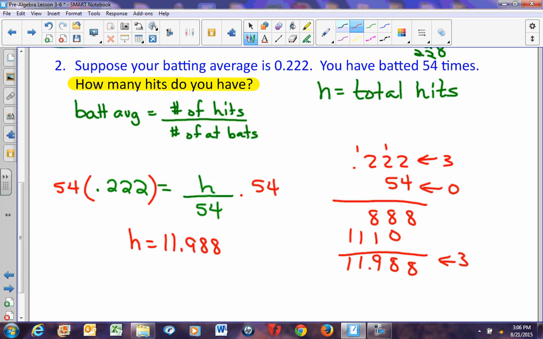So H equals 11.988. But now we have to actually answer this in a real-life scenario. Can I actually have 11.988 hits? Not really. You either have a hit or you don't have a hit in baseball. So with this real-life scenario, we should round this up to 12 hits.